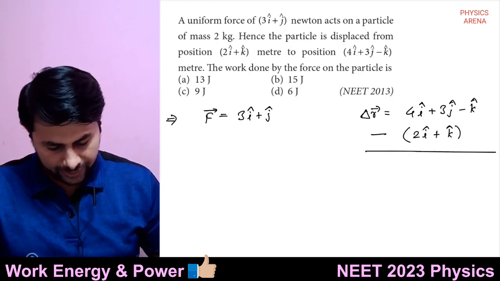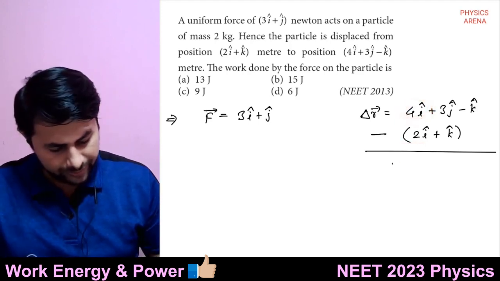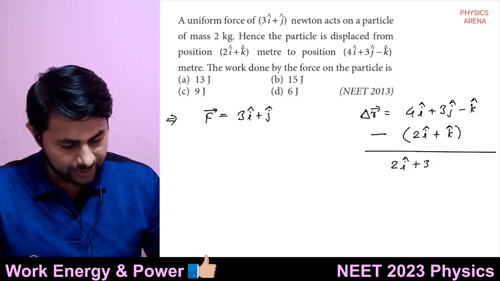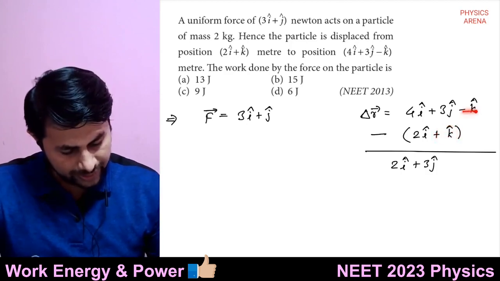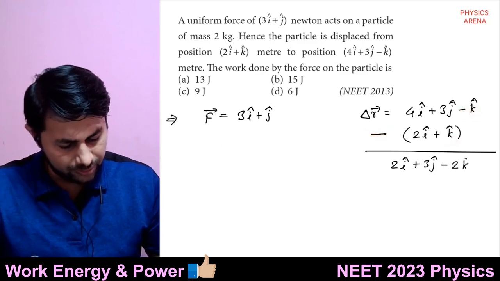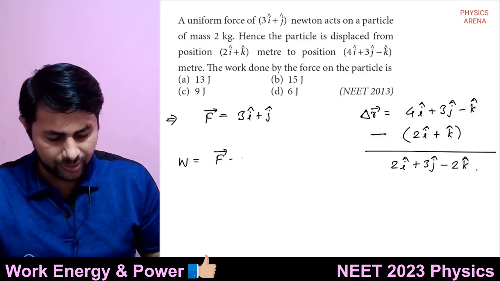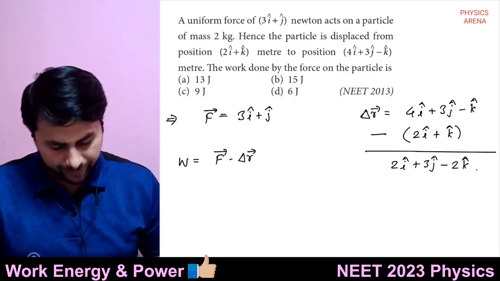So that's 4i minus 2i, so 2i, and plus 3j, there is no y component in the initial vector, and minus k cap minus k cap, minus 2k cap. So work done in this process is F bar dot delta r bar, or you can call it S bar.